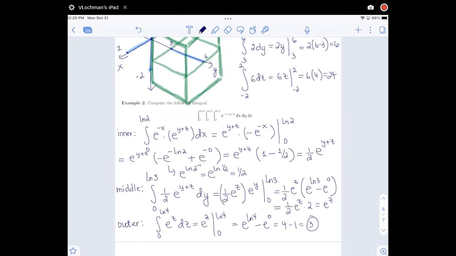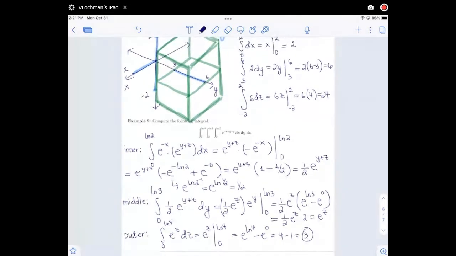Okay, very abstract interpretation. But we can keep extending this. We can do this for finitely many integrals, right? So finitely many dimensions. It just becomes a lot more counterintuitive. But yeah, that's what we computed just now. All right, so here's your first triple integral mechanics of how to compute it.